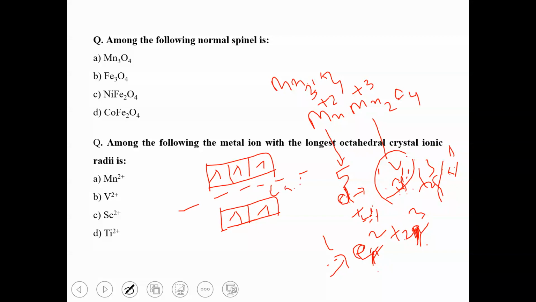This is 0.6 delta T, and the upper one is 0.4 delta T. So just multiply 3 by 0.4, that is 1.2 delta T, and minus 2 multiplied by 0.6 delta T. So 1.2 delta minus 1.2 delta, that will be 0, right? In the same way, you can calculate for the octahedral complex.